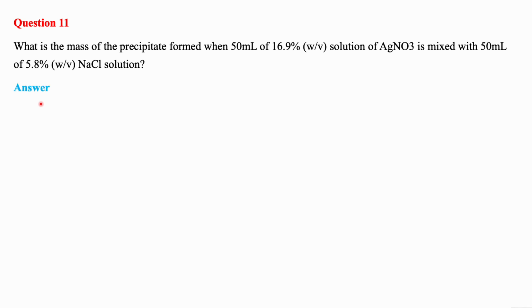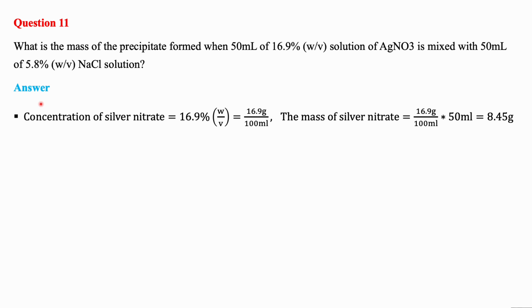So let's do the reaction. After determining the mass, that means 16.9% weight by volume is equal to 16.9 gram over 100 ml. Then we get the mass. After getting the mass, we can get the moles of silver nitrate by taking the mass and dividing with the molar mass.